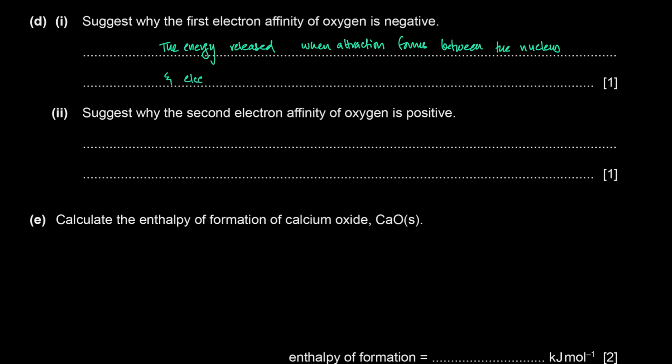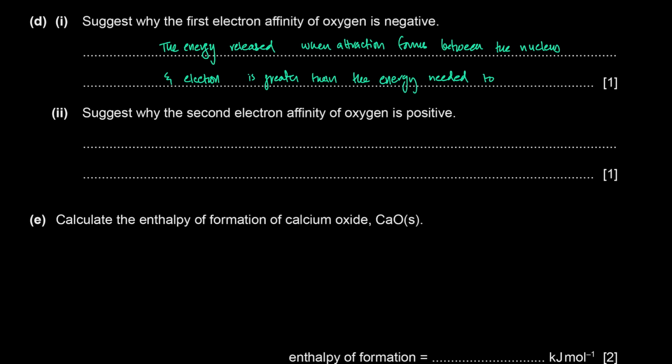So we can say that the attraction formed between the nucleus and the electron, that the energy released is greater than the energy needed to overcome the repulsion. Because ultimately, think of it this way, when an electron is incoming, it's experiencing repulsion from the outer electrons, and we need to overcome that repulsion, but ultimately the energy released due to the formation of the attraction is going to be greater.